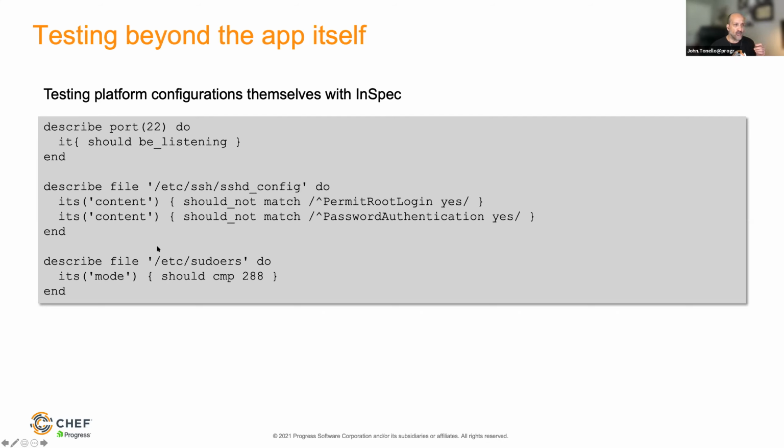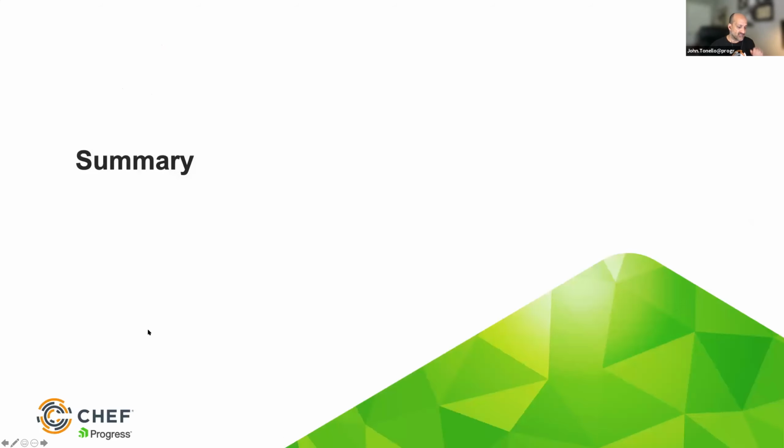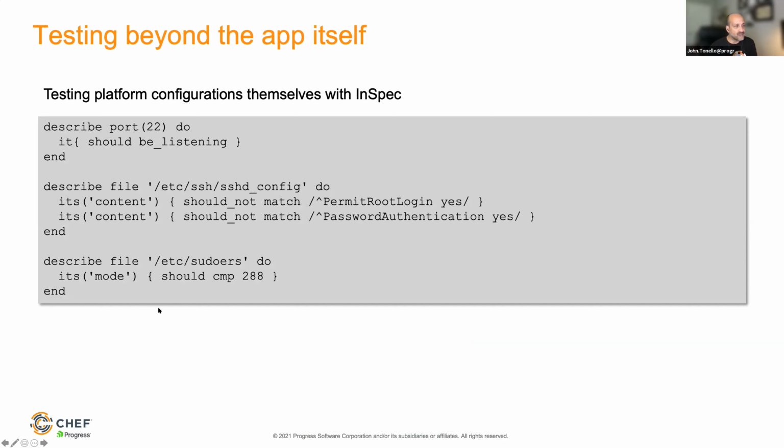But for example, without creating any cookbook or recipe, I could have run a script like this, to say, describe port 22, and is it listening or not? Is my SSHD config, does it not have this permit root login? Yes, which would potentially be a hazard.